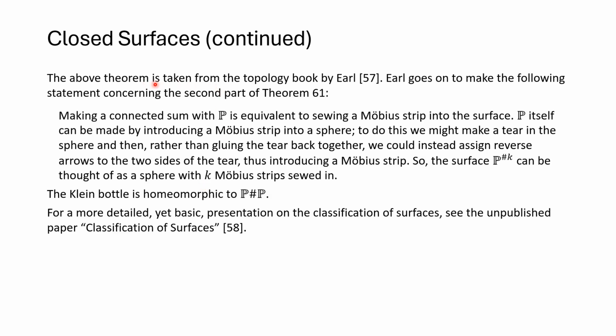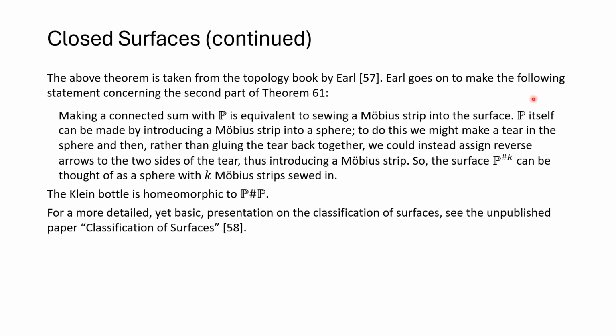The previous theorem comes from a book on topology by Earl. I have the reference in my book, which you can download. Earl goes on to make a statement here, which I'll read through quickly. I did mention some of this before, so just reiterating here. Making a connected sum with P, the projective plane, is equivalent to sewing a Mobius strip into the surface.